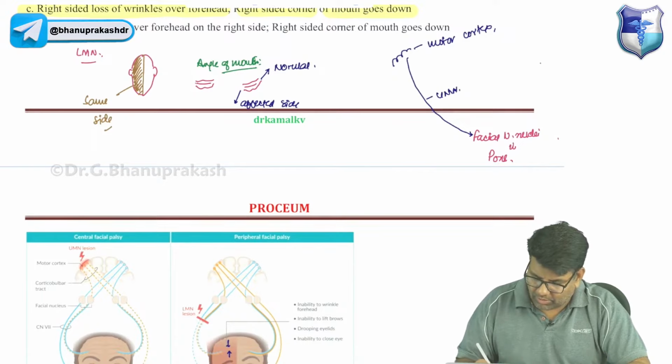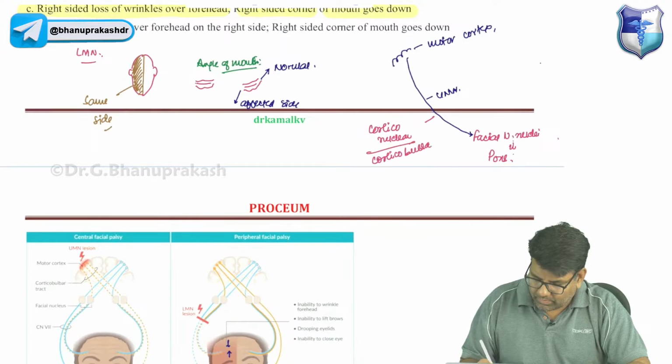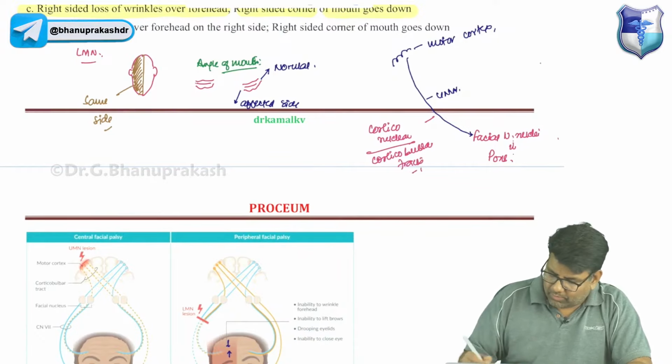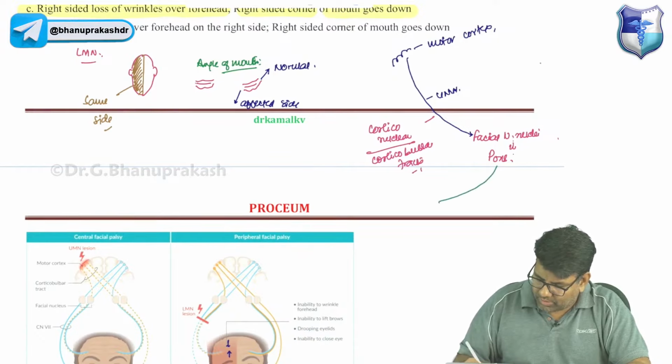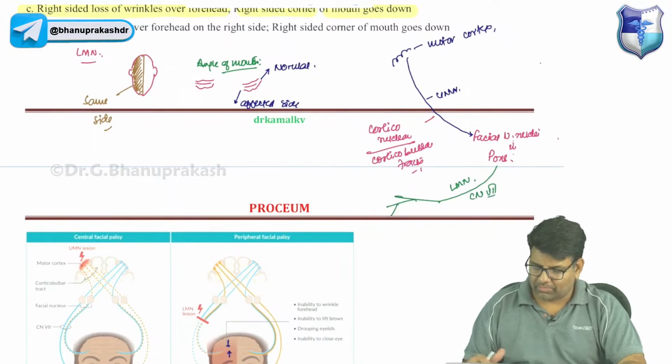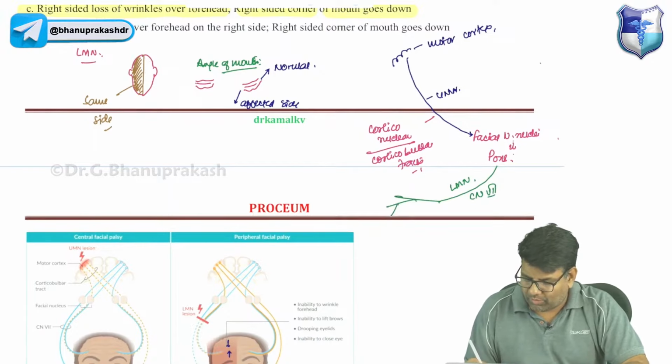And these are also known as the corticonuclear or corticobulbar tracts. And the facial nerve will emerge from here, and this all constitutes the lower motor neuron. So this is the concept of lower motor neuron.